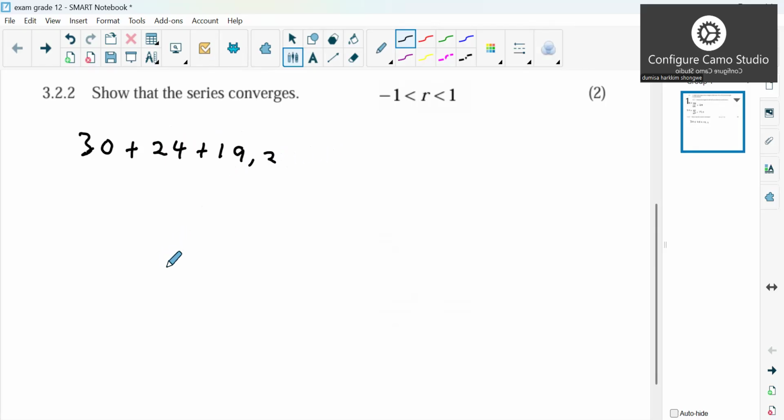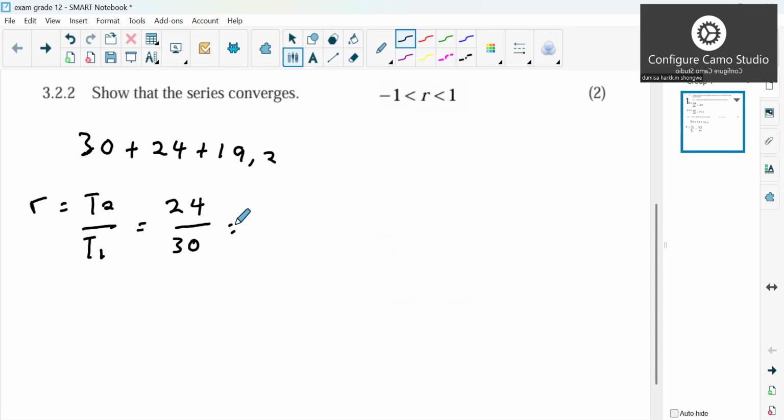Now, we're supposed to determine R because R is the one that's going to tell us whether this series converges or not. How do you get R? We get R by saying T2 divided by T1. What is our T2 here? 24. So it's 24 divided by our term number 1. What is term number 1? 30.